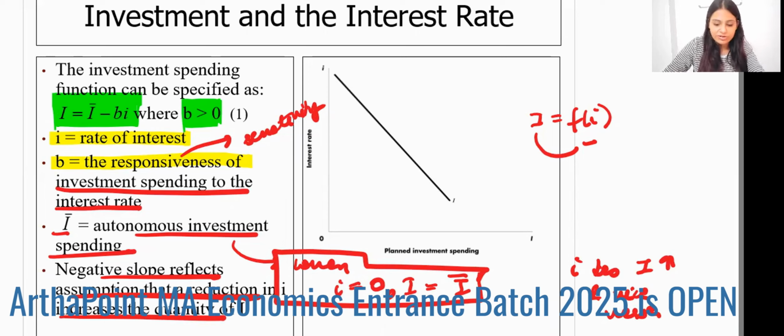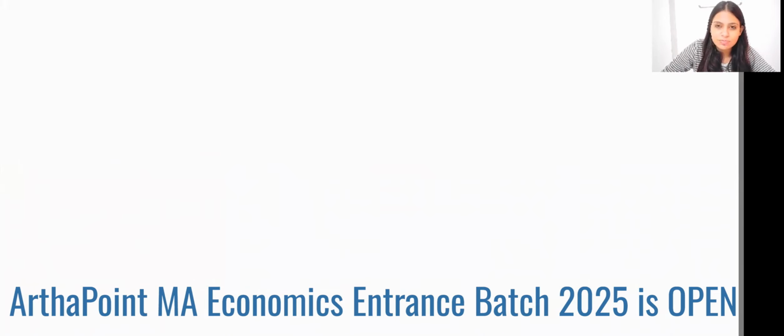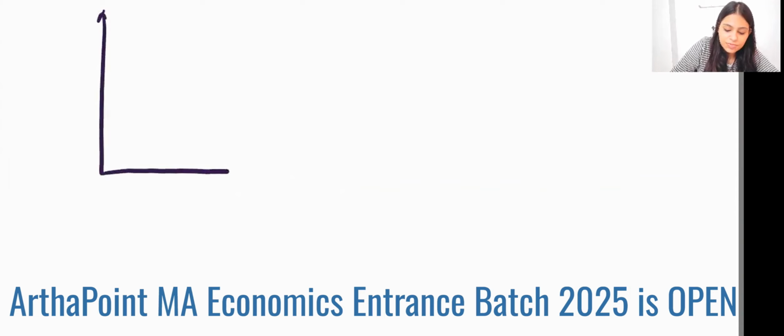Now, in this diagram, we are going ahead in the inverse of what we were doing. Please understand this, and I want to spend a moment on it. This is important because a lot of students get confused here. If I tell you what our last diagram was, I had investment here and interest rate here.